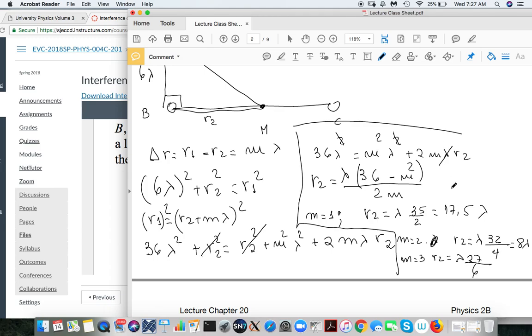And then you keep doing this. So you go for m equal 4 up to m equal 6, right? For m equal 6, you get R2 equal to 0, which means you are at point B, which is a point of maximum.